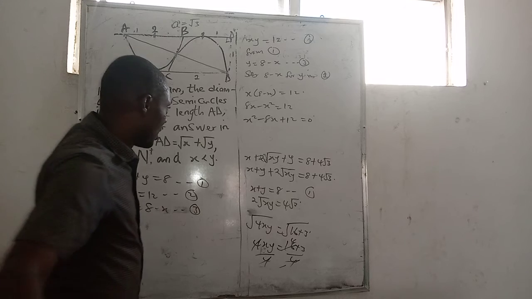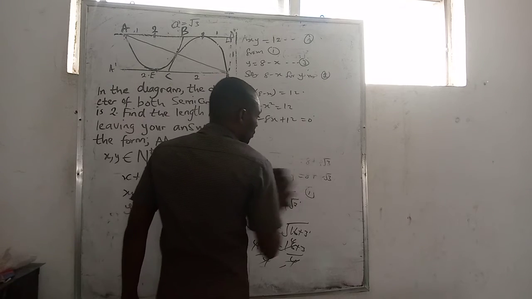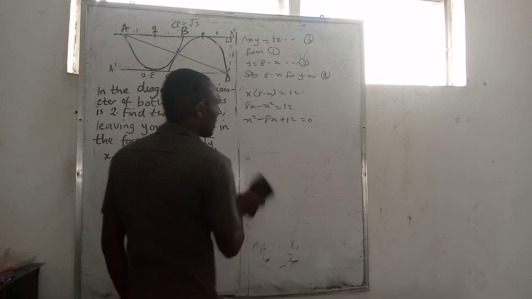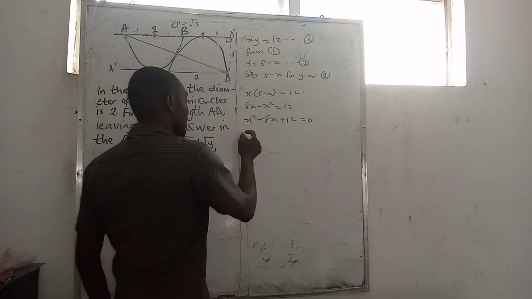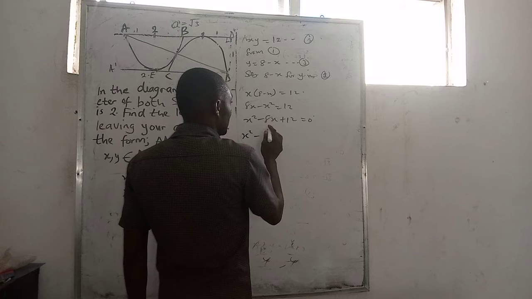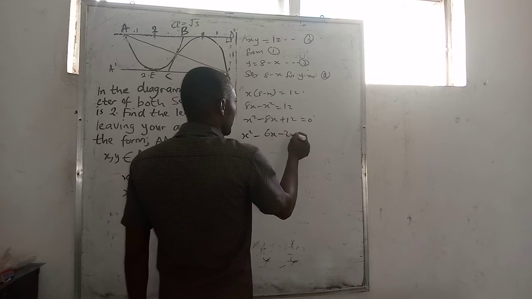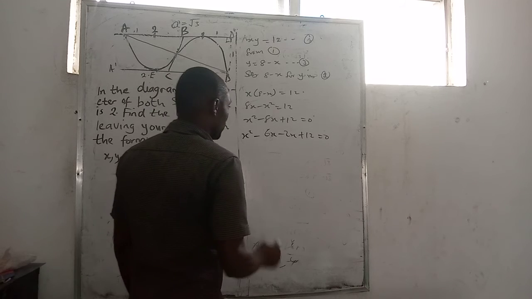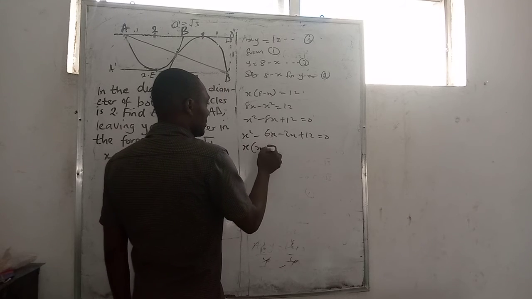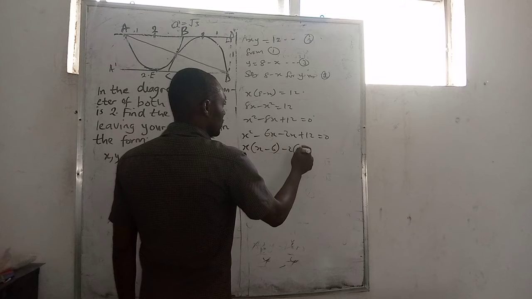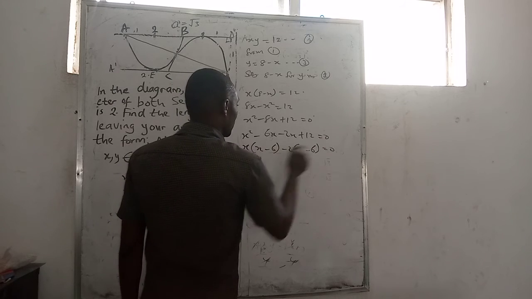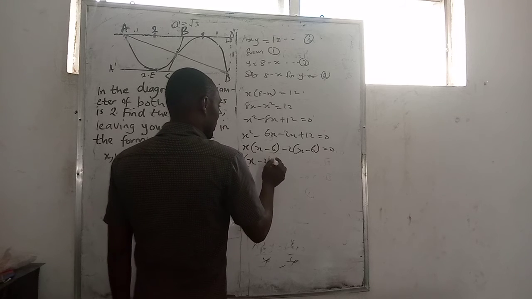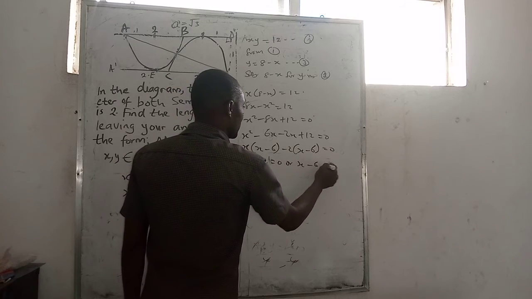So on factorizing, I'm going to have x squared minus 6x minus 2x plus 12 equals 0. So I'm going to have x times x minus 6 minus 2 times x minus 6 equals 0. So I have x minus 2 equals 0, or x minus 6 equals 0.